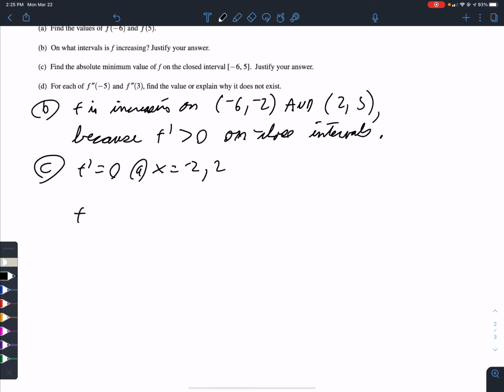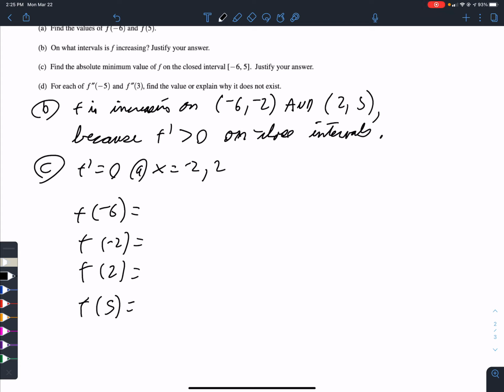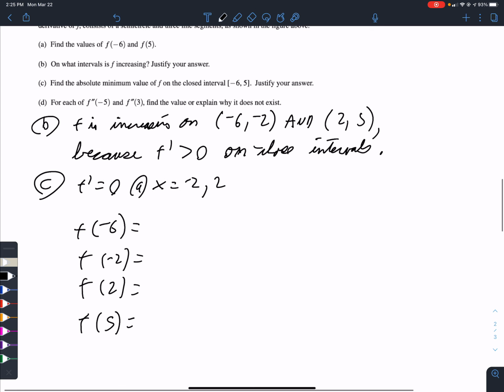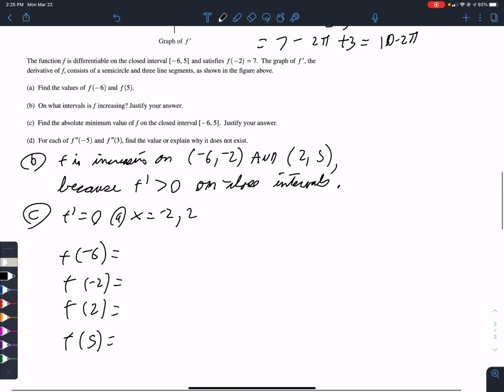You need to find f at the endpoints, which is -6, at the critical points, which are -2 and 2, and the other endpoint, which is 5. So if we can find the value of the function at those points, we can tell which one is the minimum.